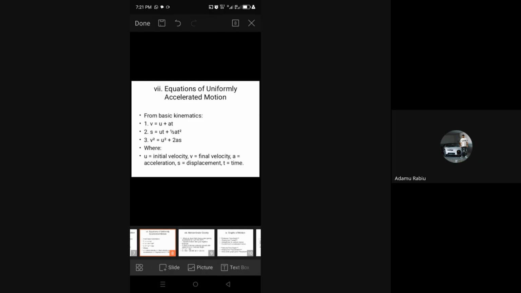But if it is linear motion on the ground, a horizontal motion, you use ordinary acceleration. If it is vertical motion, you use acceleration due to gravity, that is g. The vertical distance is called height. If it is horizontal, you still regard it as distance. T stands for time.